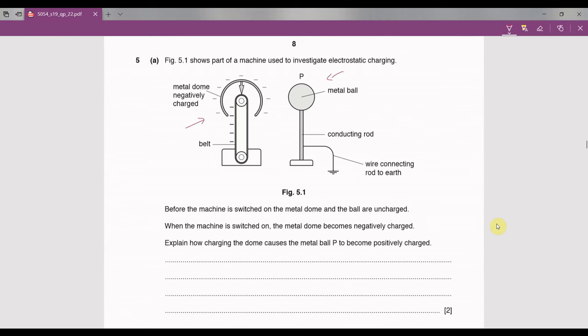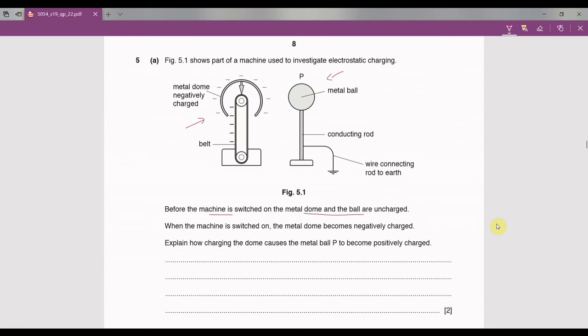So use the word dome for this one and use the word ball for this one. Now they're saying before the machine is switched on the metal dome, both of them, the metal dome and the ball, are uncharged.